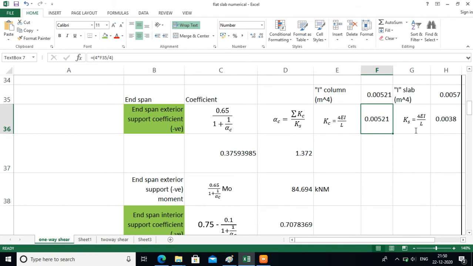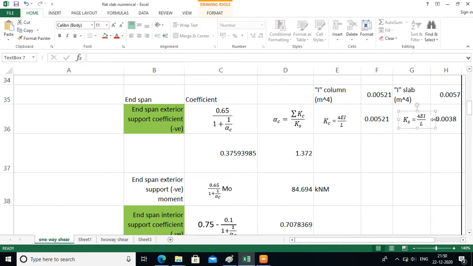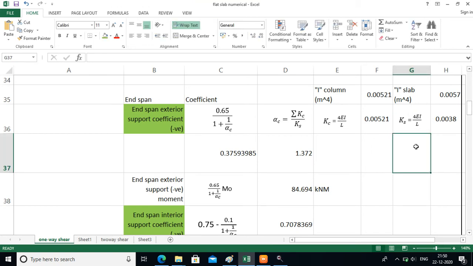In the same way, we need to calculate the value of the coefficient. We need to calculate the stiffness for the slab. So for the slab, how are we going to calculate the stiffness? Again, for that we require the moment of inertia and length. So for this slab, for the moment of inertia calculation, we are going to assume the B value as 1 meter. 1 meter width we are going to consider, and the depth we are going to take as the thickness of that slab.